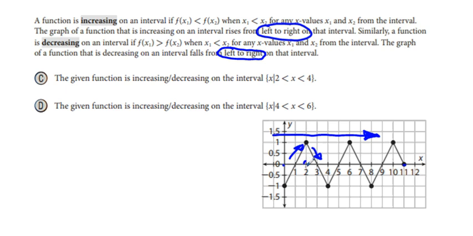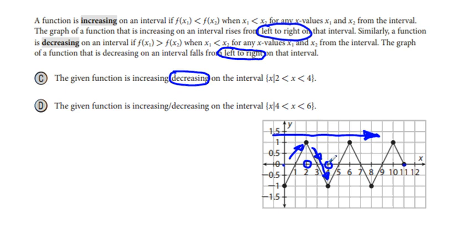Here we have x equals 2, and here we have x equals 4. Over that interval, what is the function doing? The function is just going down all the way, so we will say the given function is decreasing on that interval.